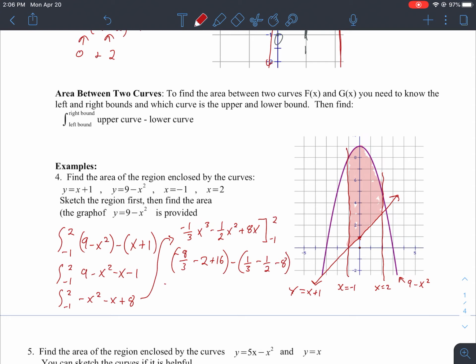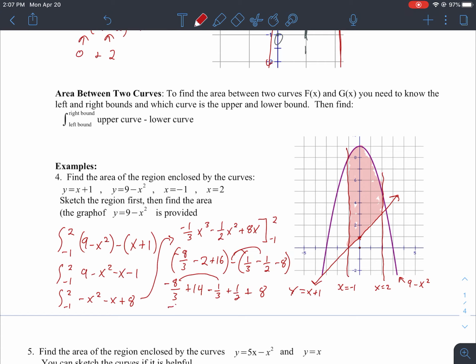Now be careful of all these negatives. This is negative 8/3. Negative 2 plus 16 is 14. Now it's minus 1/3 plus 1/2 plus 8. Okay, so negative 8/3 minus 1/3 is negative 9/3.